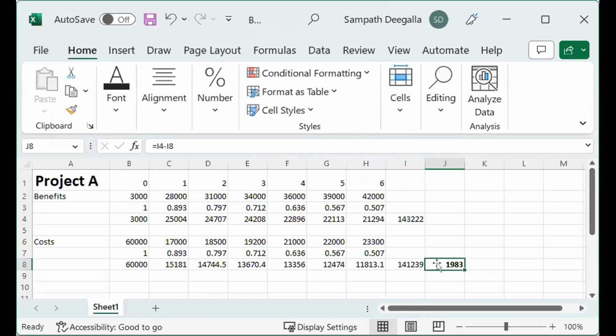Right. Now let me share this information with you. For a few things I'm going to share with you. First of all, my calculation.